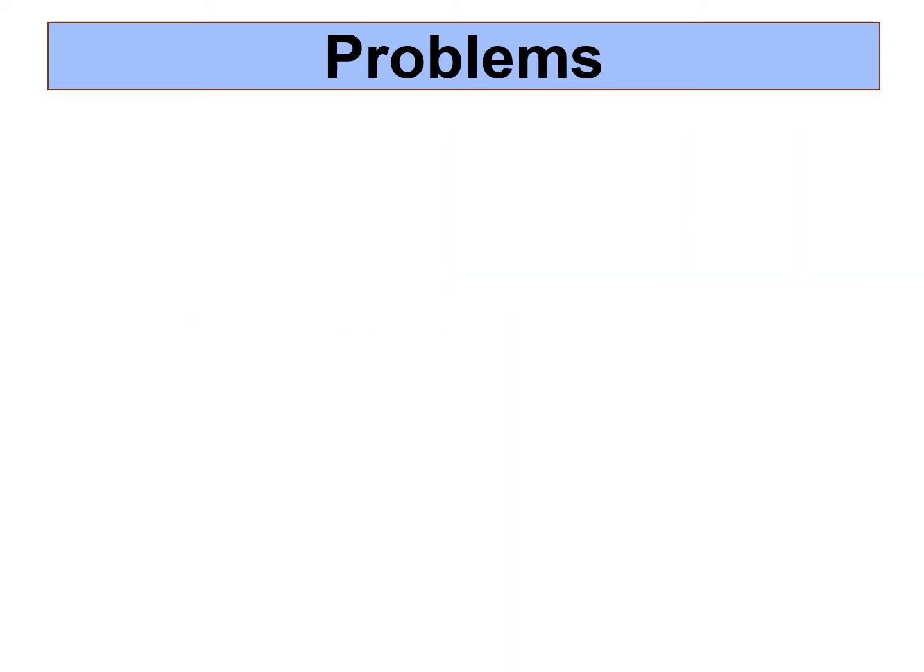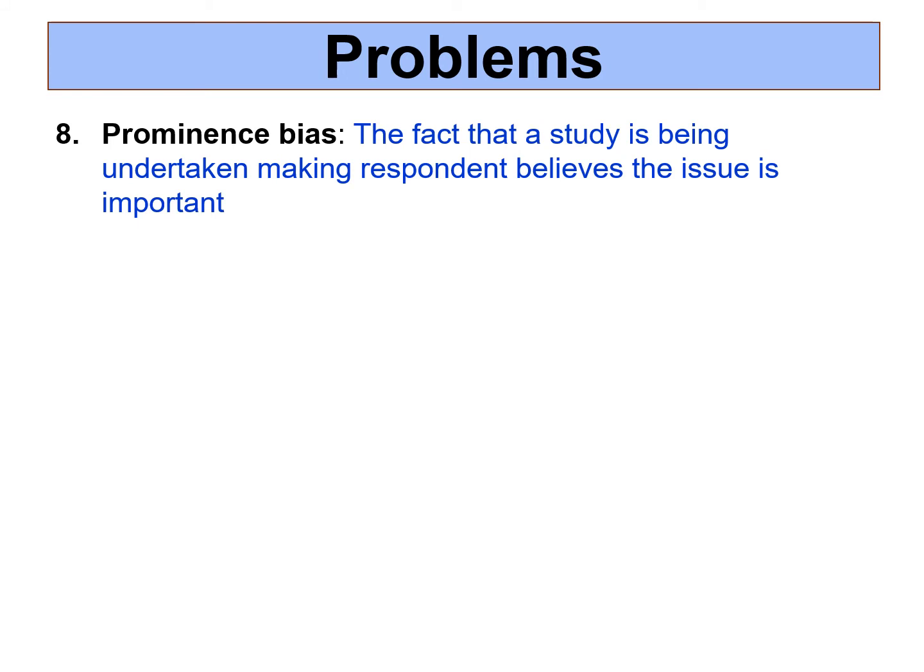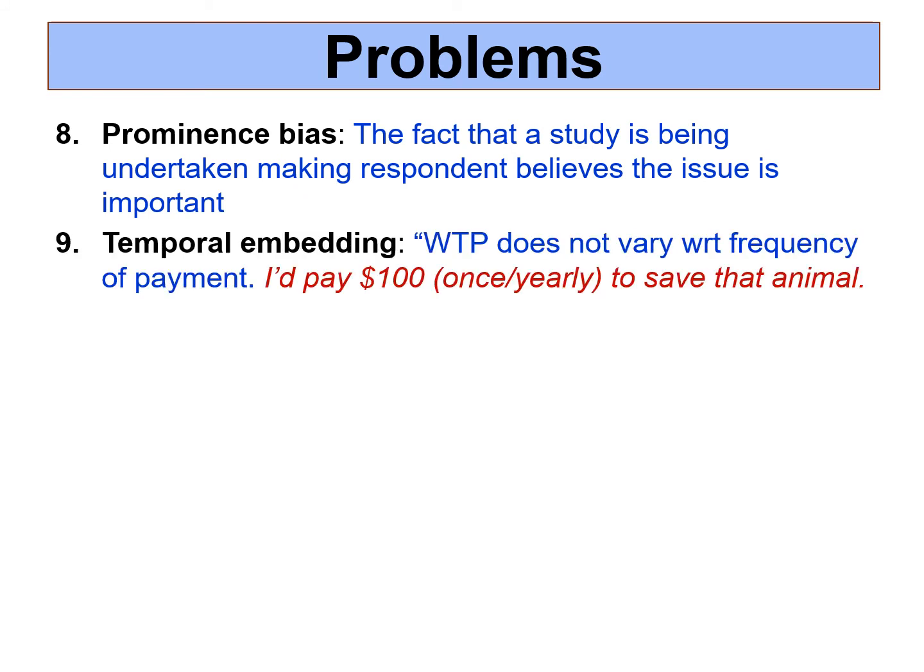We can also have prominence bias, the fact that your study is being conducted making respondents believe that the issue is very important. And we can also have temporal embedding, so their willingness to pay does not vary with respect to frequency of payment. They could say, I would like to pay 100 ringgits or $100 once in a lifetime, or perhaps every year, or every month to save whatever animal.